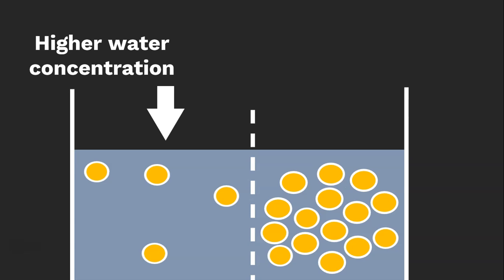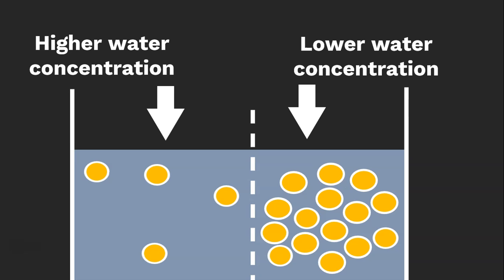If there's more water, then it has a higher water concentration, whereas on the right side, this solution has a lower water concentration. Or what that means is that there is less water and there is more salt, or there is more of the solute. So that's what's meant by water concentration.